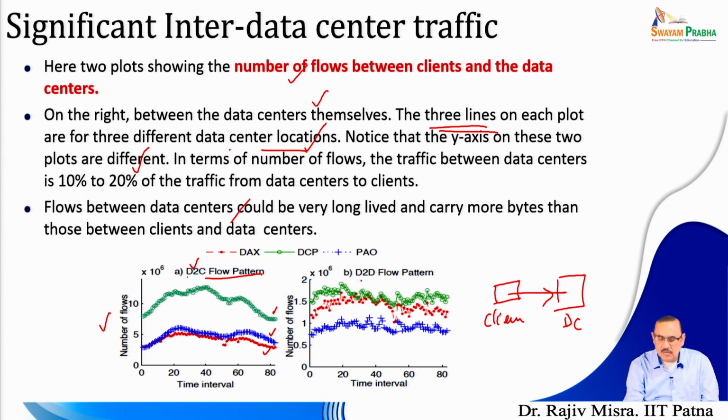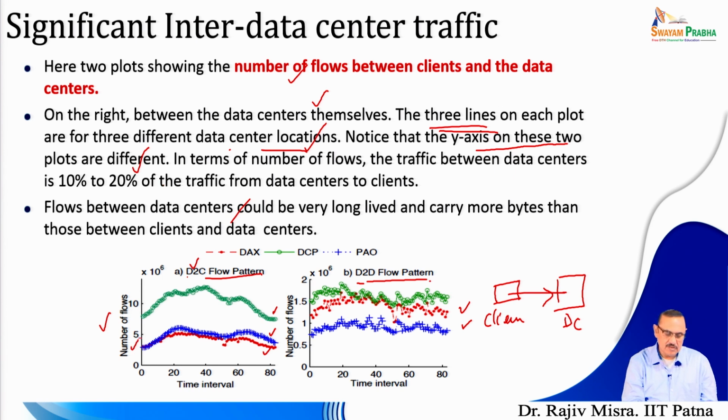Similarly, the data center to data center traffic pattern is shown here about the number of flows. You can see that the y axis on these 2 different plots is different.